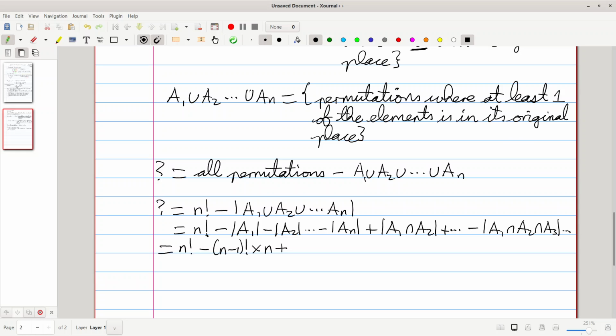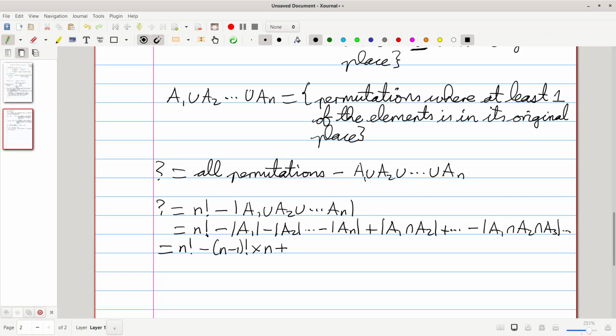Now the next term, we're adding together all combinations of 2 at a time. So A1 intersection A2, remember intersection is similar to AND. So we're looking where the first element stays in its place and the second element stays in its place.